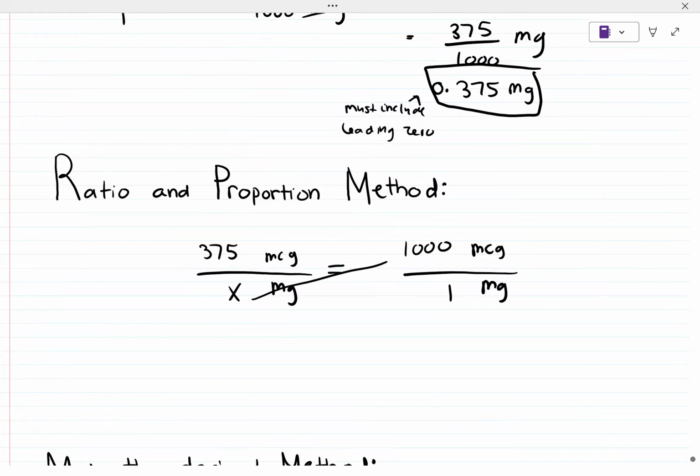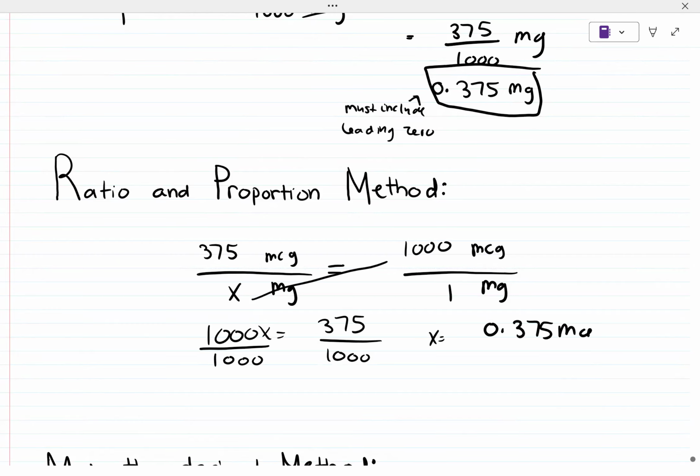Okay, cross multiply, so 1 times x times 1,000 is 1,000x, and then 1 times 375 is 375. Solve for x: you're going to divide both sides by 1,000, and you get 0.375. Include the leading zero, and you're good.